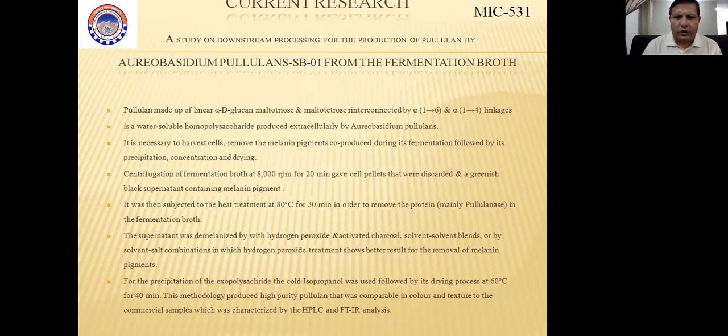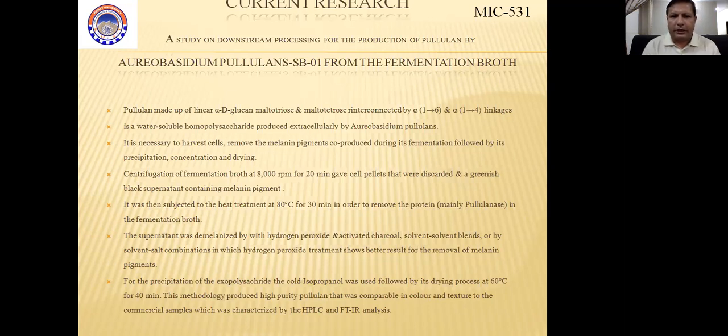The supernatant was demelanized with hydrogen peroxide and activated charcoal, or solvent-salt combinations, in which hydrogen peroxide treatment shows the better result for the removal of melanin pigment. So this step is used for the removal of melanin from the broth.